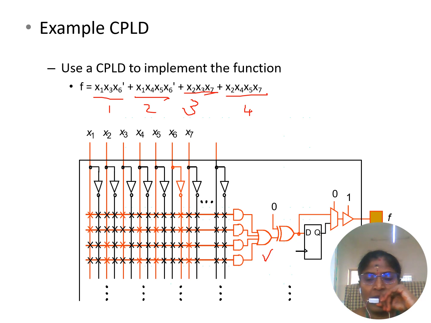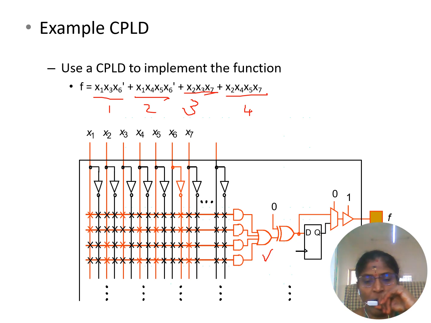If the output is 1, the D flip-flop input is 1 and the Q output is 1. So this output goes to the final. Whenever there is a need for output, we have to enable the mux select lines and the tri-state enable line, so we can get the output.